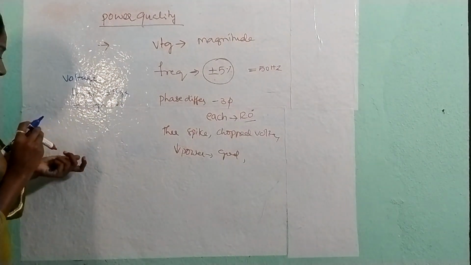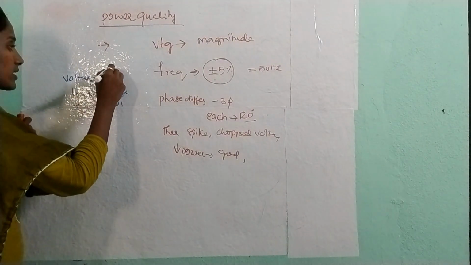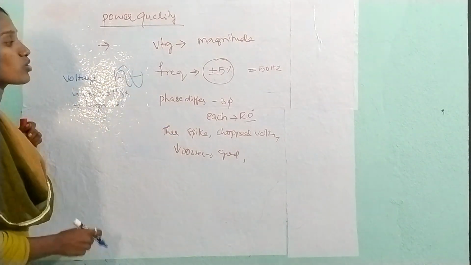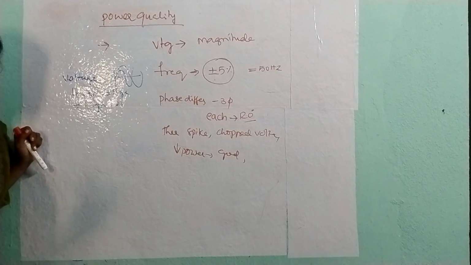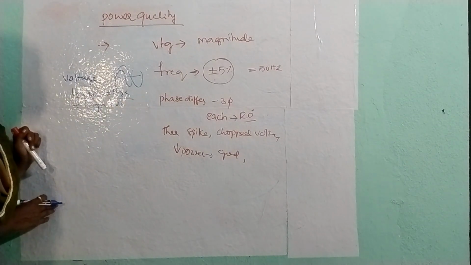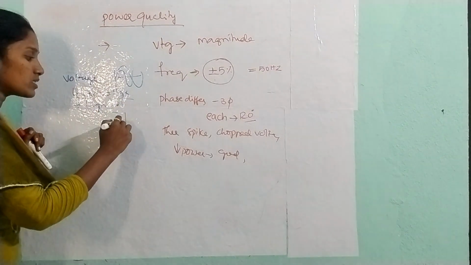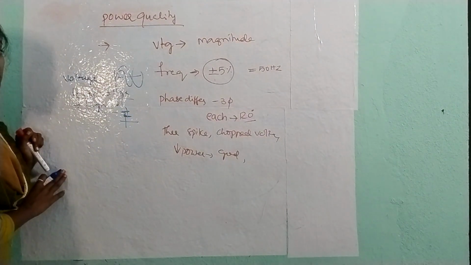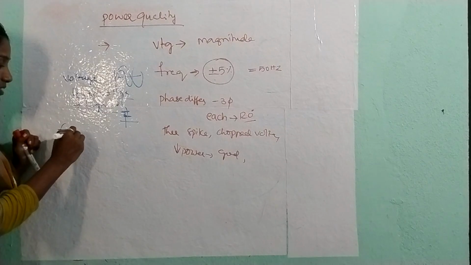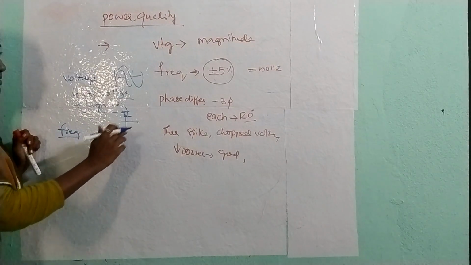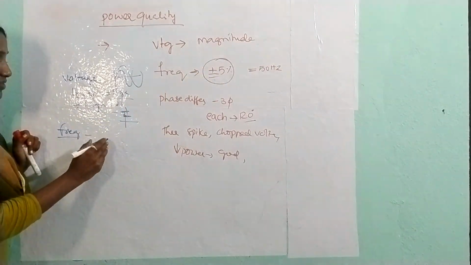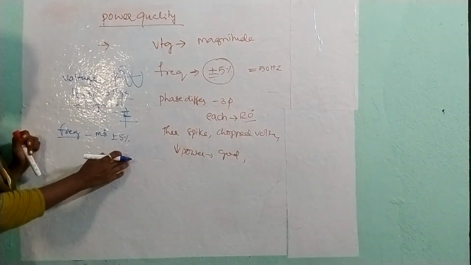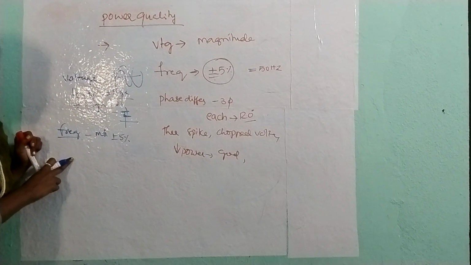The low voltage means the load voltage is lower than the supply voltage, lower than the rated value; that is a low voltage deviation. The high voltage means the voltage is higher than the rated voltage; this is a high voltage deviation. And another thing is frequency deviation. The same thing: if the change in frequency is more than plus or minus 5%, we consider it a frequency deviation.